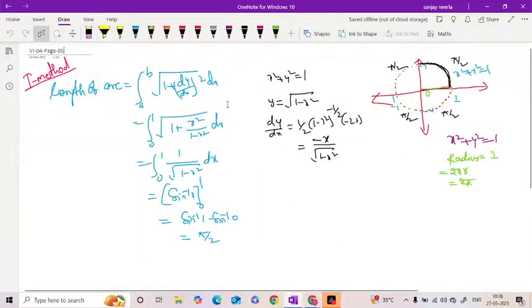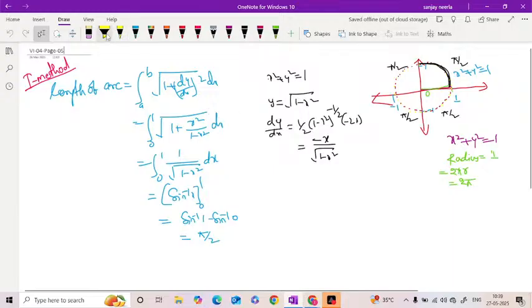So the length of the arc, it is the sector. From the diagram, the length of the arc is pi by 2 because the perimeter of the circle is 2 pi, so in the first quadrant the length of the arc is pi by 2. This is from the first method, that means with respect to x.